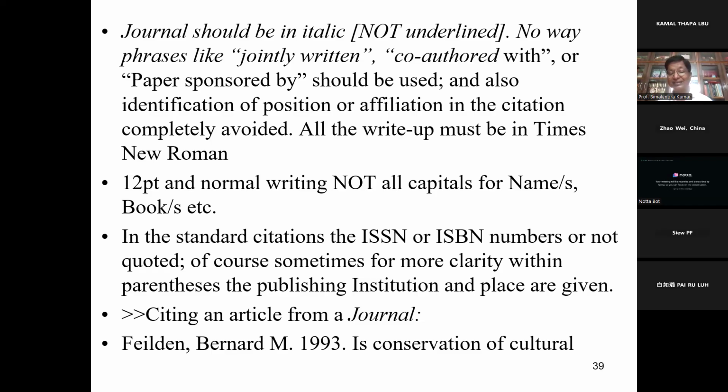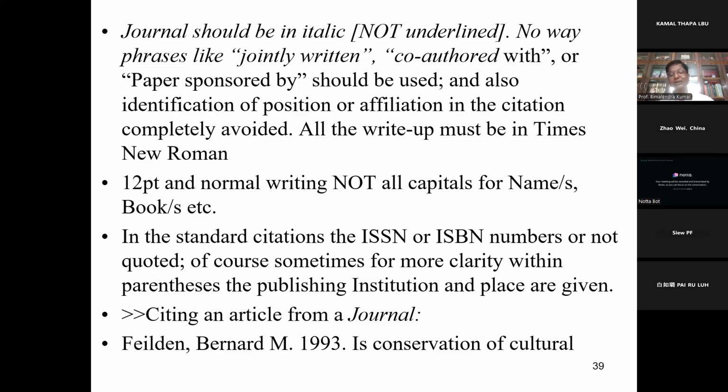In the standard citations, the ISSN number or ISBN number are not quoted. Of course, sometimes for more clarity within parentheses, the publishing institution and places are also given. So whenever you are giving the bibliography, the ISSN number for the journals and ISBN number for the books must be quoted, so that it gives the clarity that you are aware of the ISSN or ISBN number.